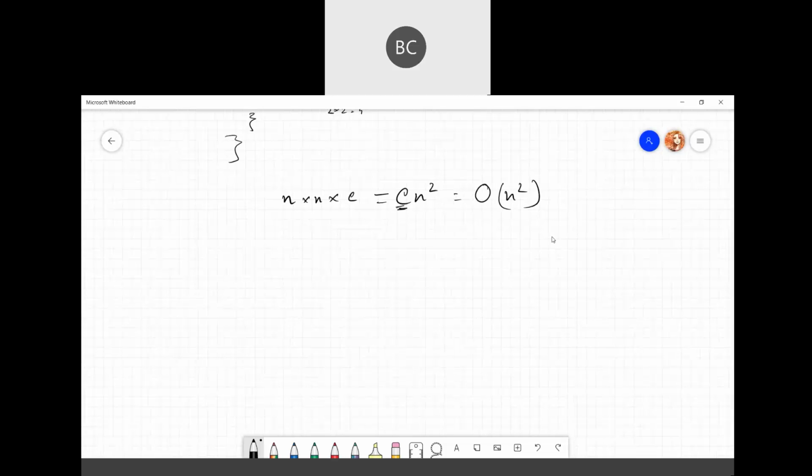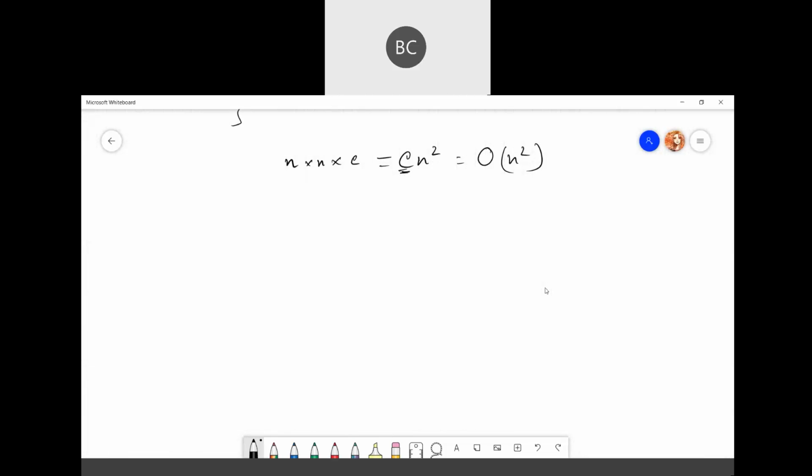Okay, so two loops done. In our program, it can be a combination of both statements and loops. So how are we going to calculate that? Of course, consecutive statements.